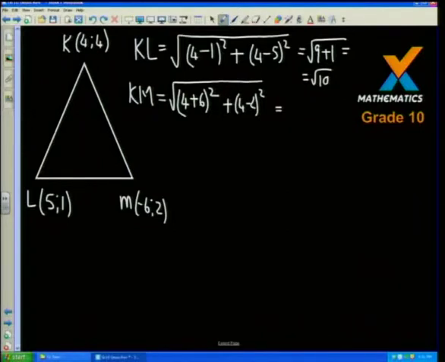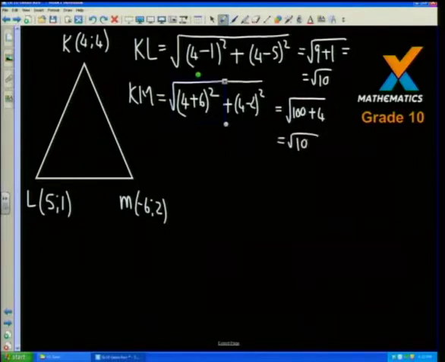The square root of 4 plus 6 is 10. If I square that, I get 100. Plus 4 minus 2, which is 2, and if I square that, I get 4. So there I have the square root of 104.